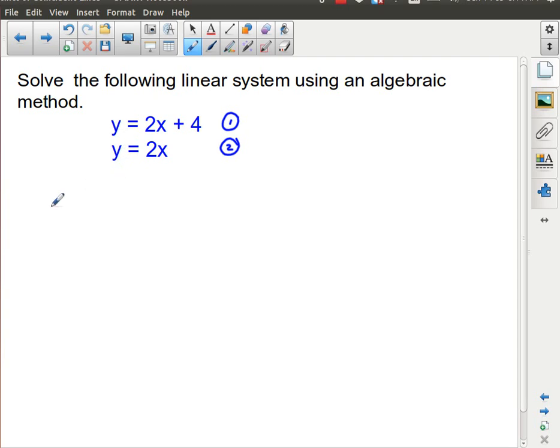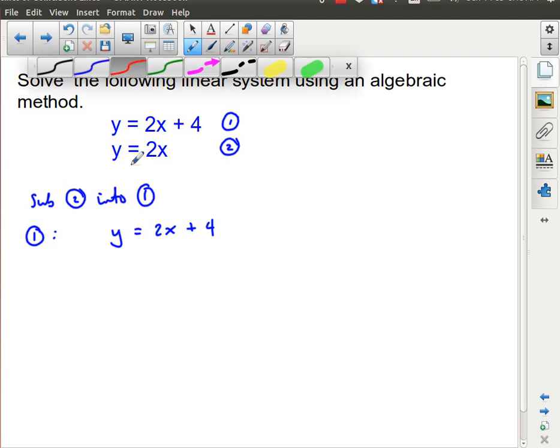So what I'm going to do is substitute equation 2 into equation 1. Equation 1 started as y equals 2x plus 4, but wherever I have a y in equation 1, I'm going to replace it with the y value from equation 2, which is 2x.